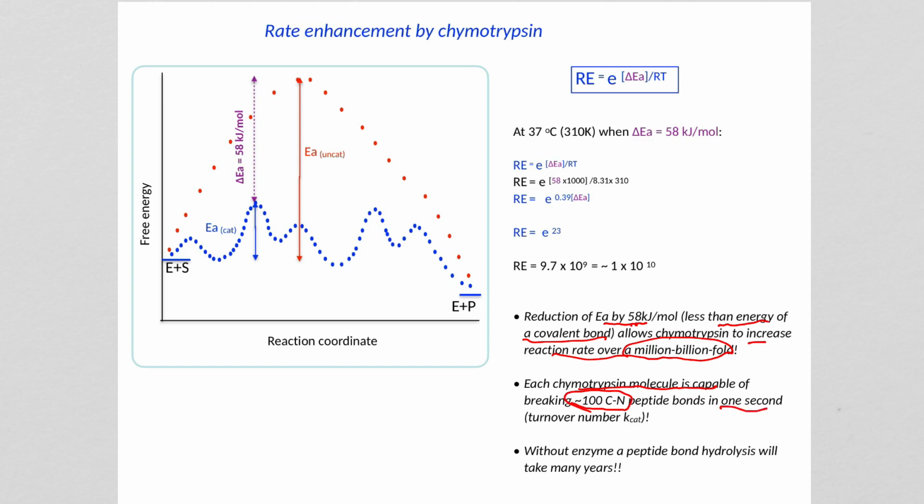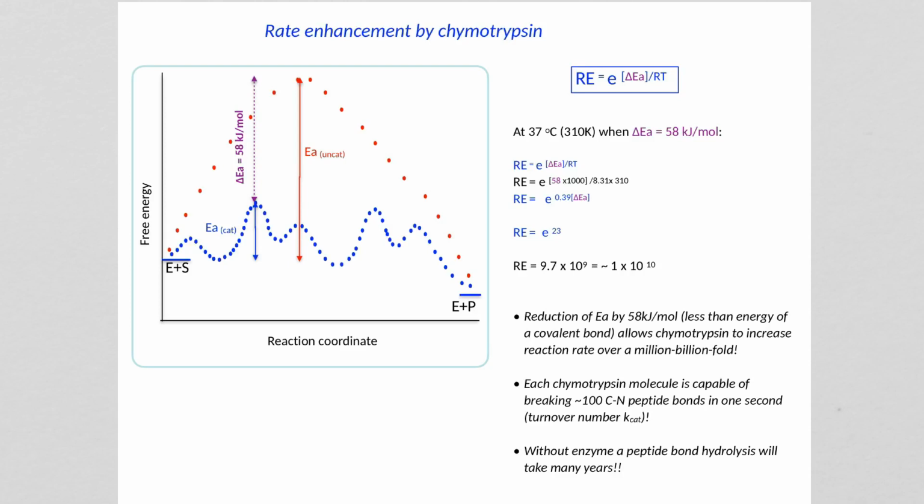We call this number the turnover number, or kcat, which we'll discuss in future videos. And just to remind you, without chymotrypsin, 1 peptide bond will take years to break. So that's the miracle that we see in our body when we talk about enzymes.